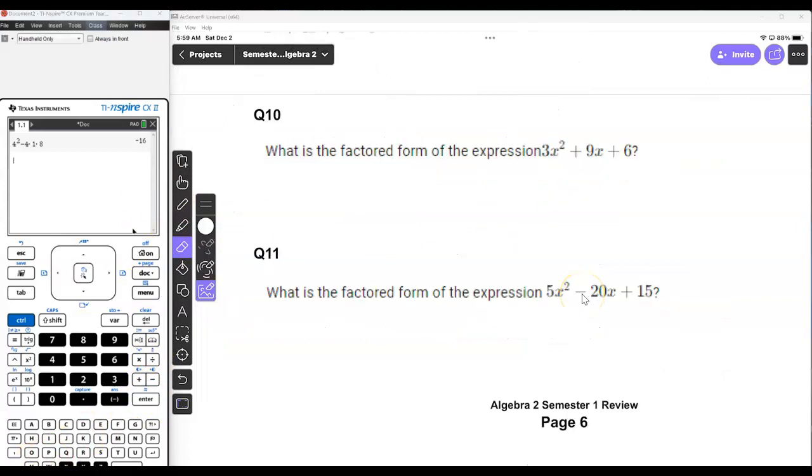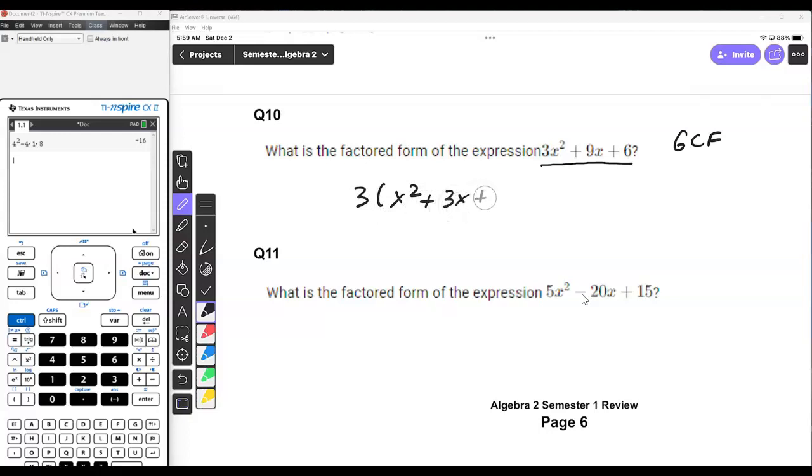What is the factored form of the expression? So we have 3x squared plus 9x plus 6. So what you have to do first is identify, is there any number that's in common? That's what you call the greatest common factor. So you got to find the greatest common factor, and of course 3 is the greatest common factor. So you have x squared plus 3x plus 2.